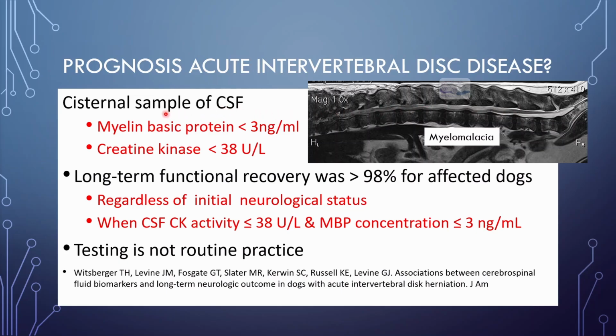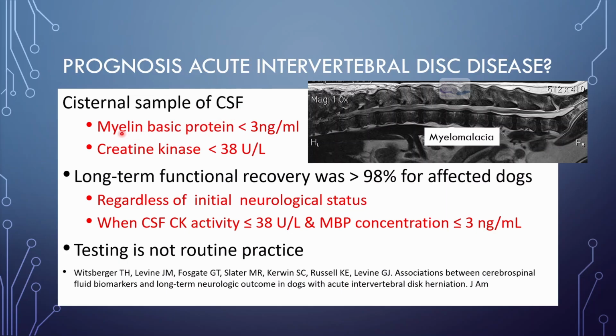So they actually took a cisternal sample of CSF in these studies, down here, which is useful to know because sometimes when you try to get a lumbar sample in these dogs because of the swelling of the spinal cord, you may not get a lot of CSF. So this is a cisternal sample, which is easier to take.